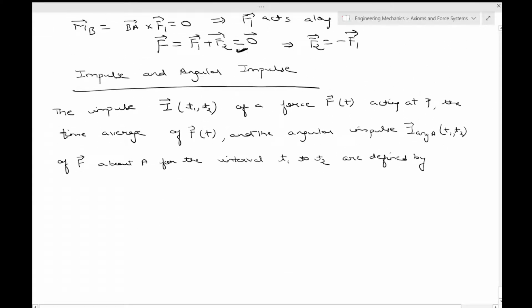Sorry, so let me first draw a diagram. I have this point A, this is point B, so this P experiences a force F of t. This vector is clearly RPA.